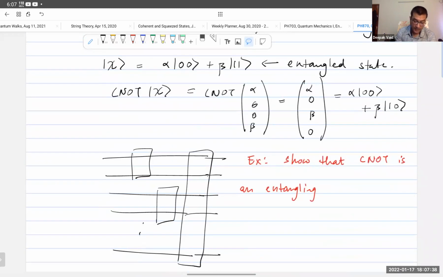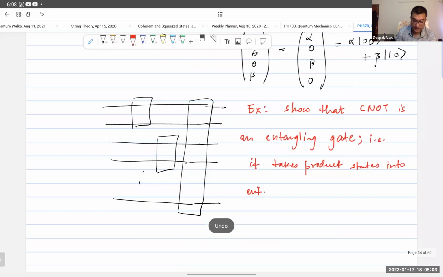Okay. Anyways, let me write down the exercise. Show that CNOT is an entangling gate, meaning that it takes product states and turns them into entangled states. But the converse is also true.